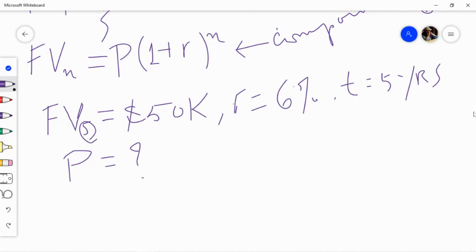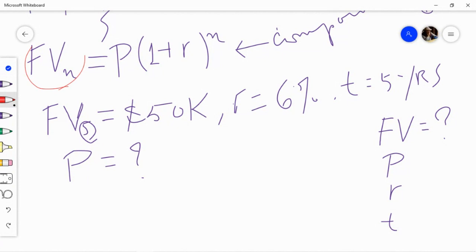That's quite a plausible question, because we have 4 variables in this equation: future value, principal, R, and T. So sometimes any of these can be the unknown. If future value is the unknown, compounding is what you do to find out.